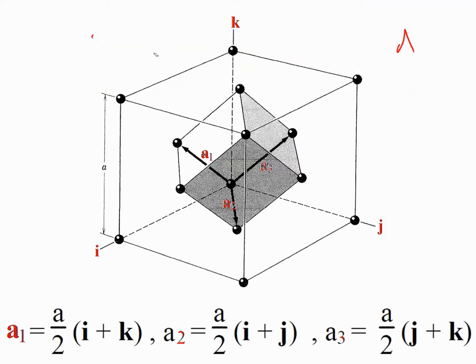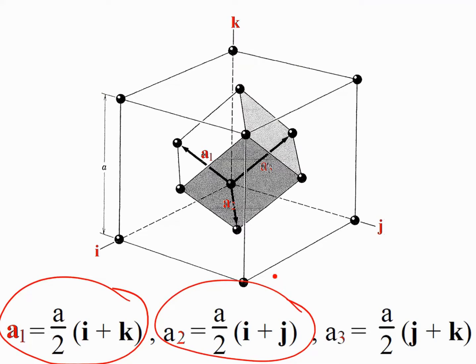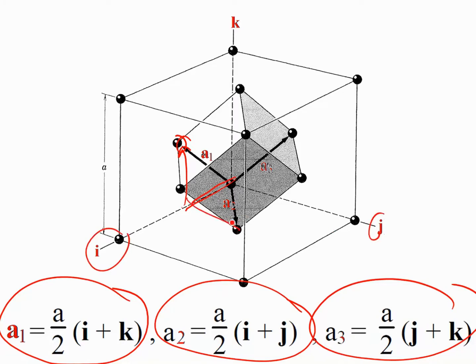So for FCC, the primitive unit cell vectors are a1 equal to a over 2 times (i plus k), a2 equal to a over 2 times (i plus j), and a3 equal to a over 2 times (j plus k). a1: half i, half k. a2: half i, half j. a3: half j, half k, right?